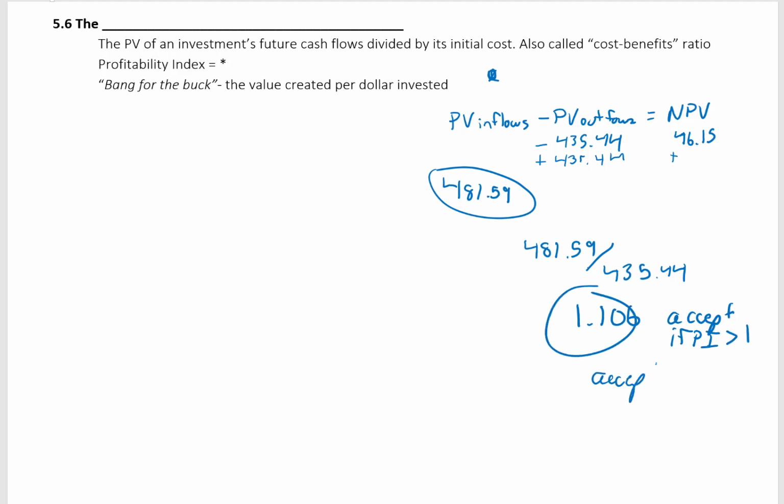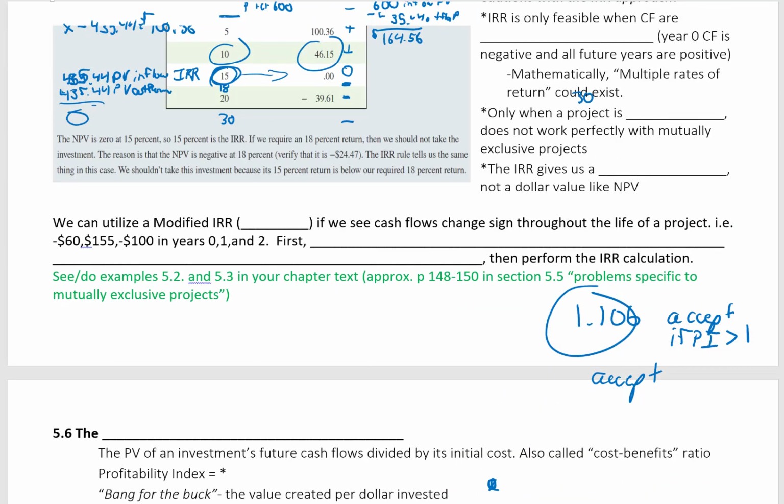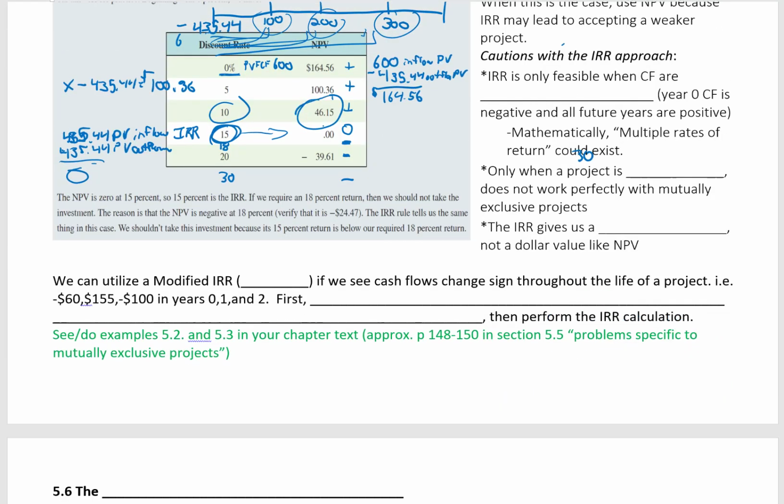Accept this project. What else can we look at? Would we accept it using the NPV and IRR analysis? We'd accept it because the NPV is positive. We would accept it because the required rate of return is lower than the internal rate of return. The internal rate of return is 15.